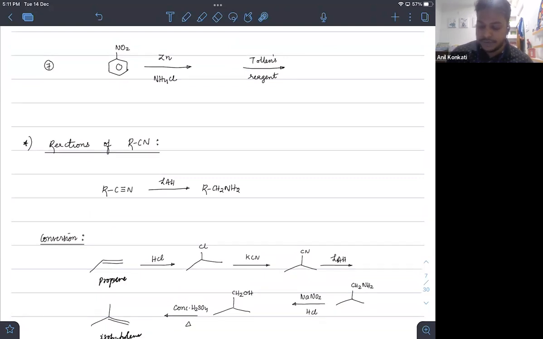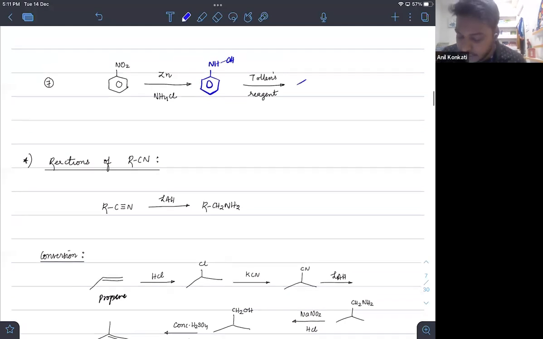Seventh, see if you take nitrobenzene in neutral medium. In neutral medium we saw that hydroxyaniline is forming. So NH with OH formation first, and then Tollens reagent. Correct. See, Tollens reagent will always oxidize oxime groups, any form of oxime or hydroxy groups, and that will make it N double bond O plus silver.